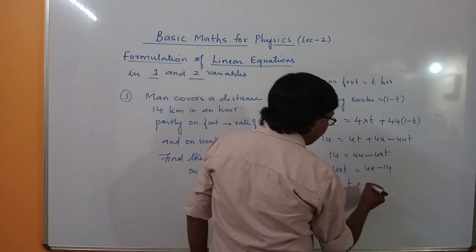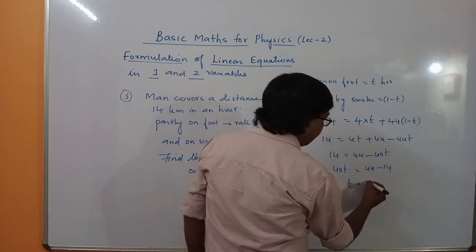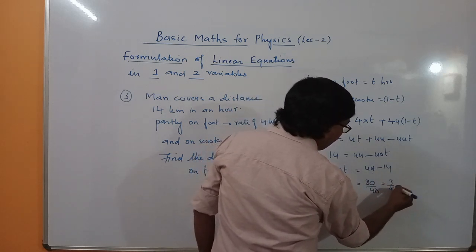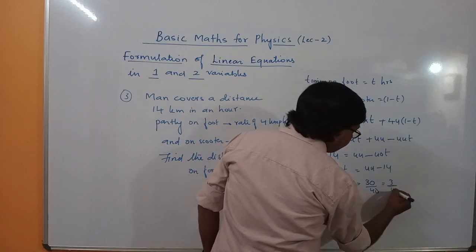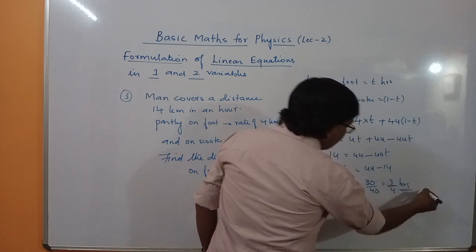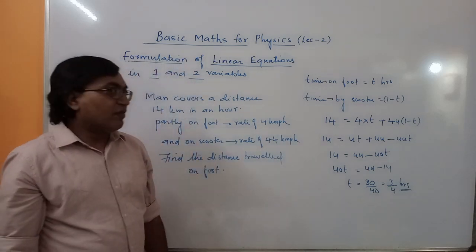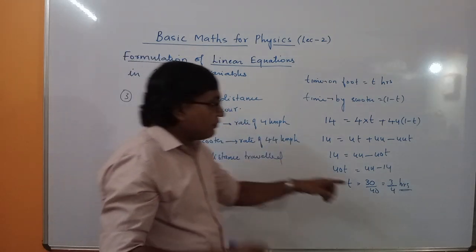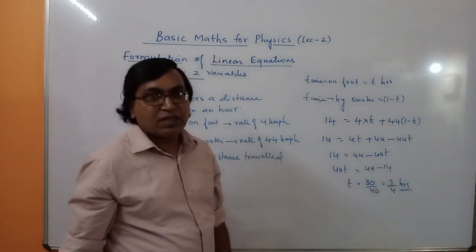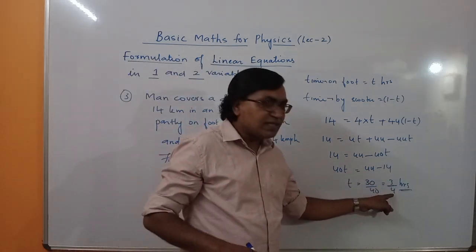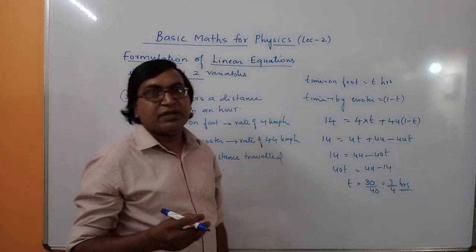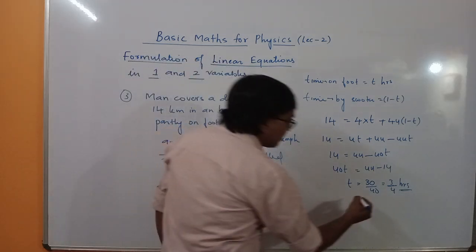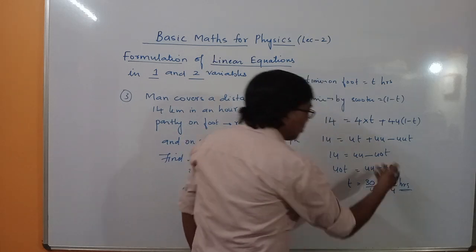So T will be equal to 30 by 40, so 3 by 4 hours. Or you can say 45 minutes. 60 minutes in an hour, so 15 will be one part, so 3 parts, 45 minutes. Okay, so 3 by 4 hours.